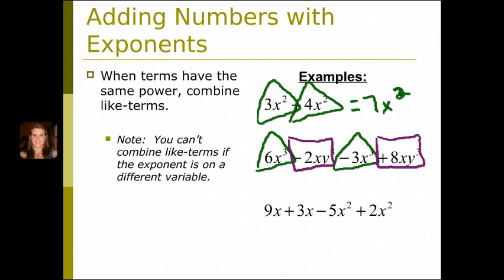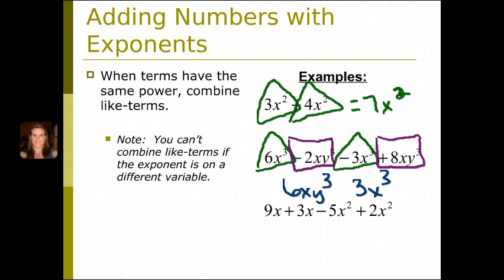When we combine our like terms, 6x to the third minus 3x to the third gives us 3x to the third. When we combine our negative 2xy to the third plus 8xy to the third, we're going to get 6xy to the third.